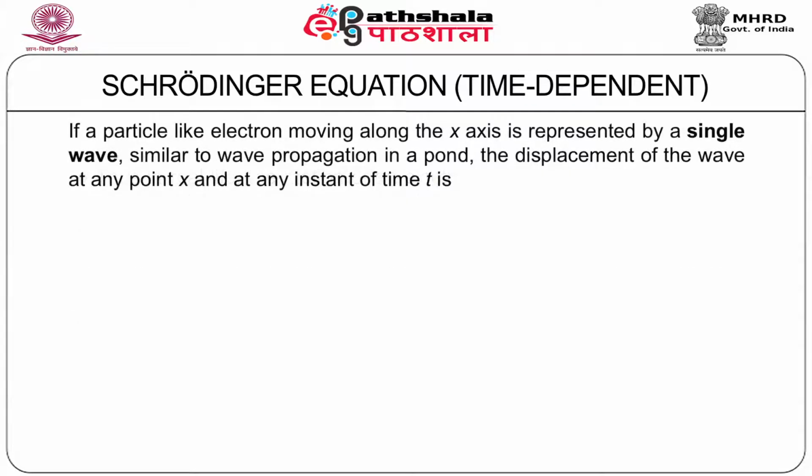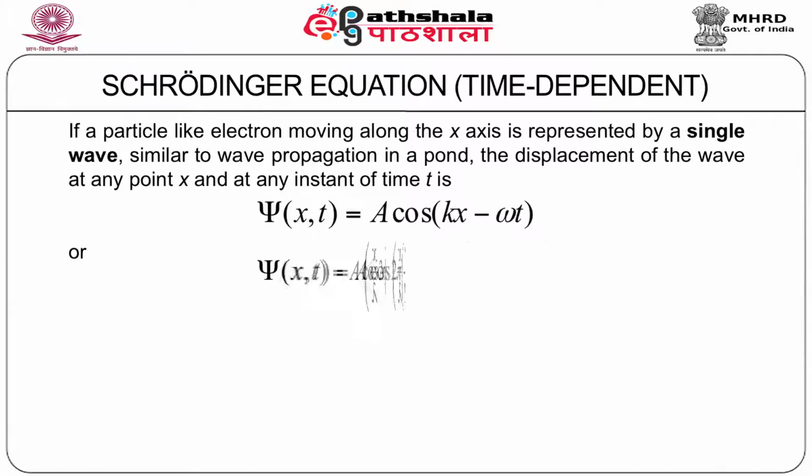So if a particle like an electron moving along the x-axis is represented by a single wave, similar to wave propagation in a pond, the displacement of the wave at any point x and at any instant of time t is given by capital psi as a function of x, t equal to A cosine (kx minus omega t), as you can see on the screen, or this can be written as psi(x, t) equal to A cosine 2 pi (t by capital T minus x by lambda).